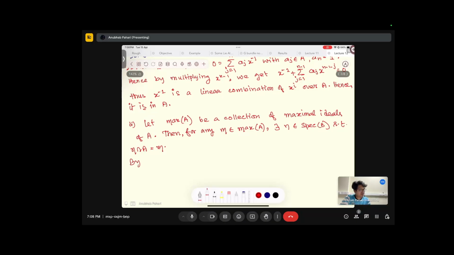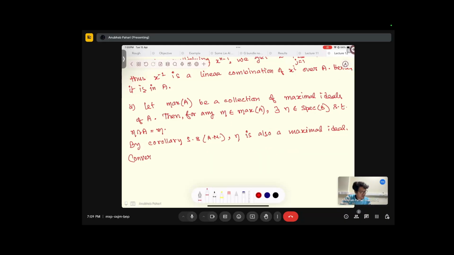By corollary 5.8 of Atiyah-MacDonald, eta is also a maximal ideal.